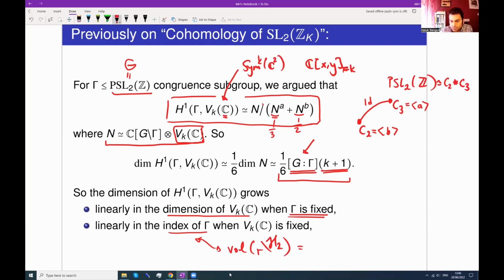Because remember, the volume of the 2-fold is nothing but the index times the volume of the quotient by the modular group G.